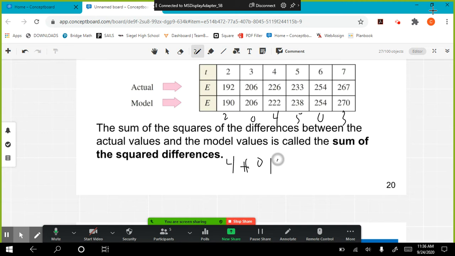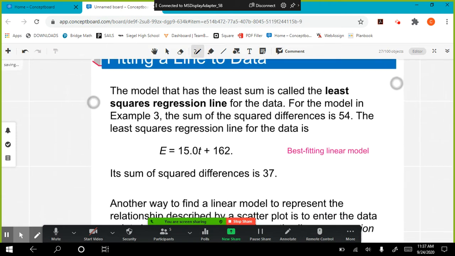And I would add them: 4 plus 0 plus 16 plus 25 plus 0 plus 9. And what they're saying is that sum equals 54.